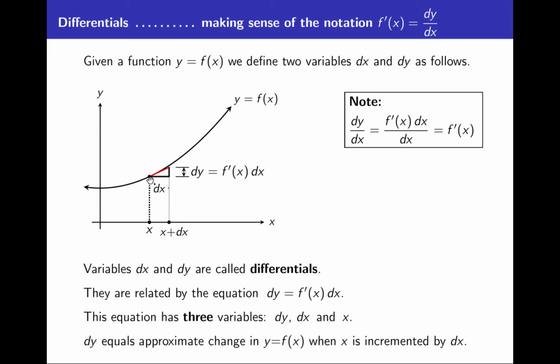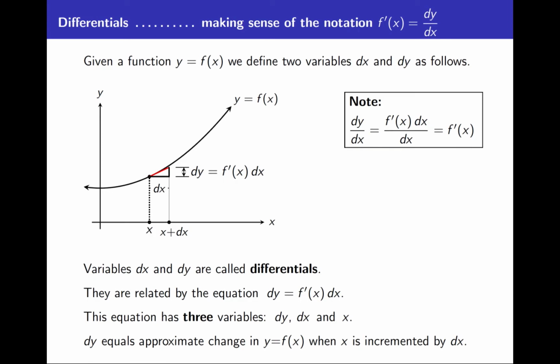So we have an x value right here. We added dx to it. dy is the vertical side of that triangle. And note that that's very close to the amount that f of x increases by when x increases from x to x plus dx. So that's a fundamental interpretation of these differentials.